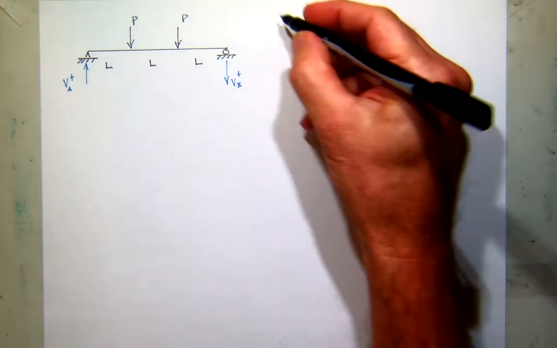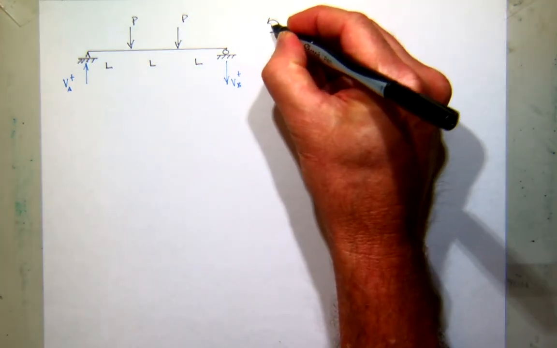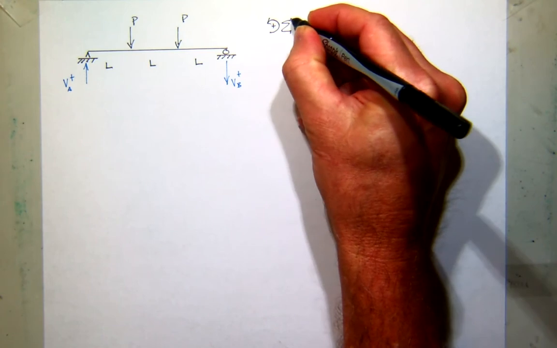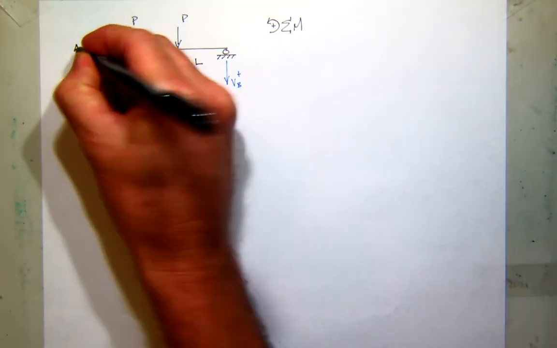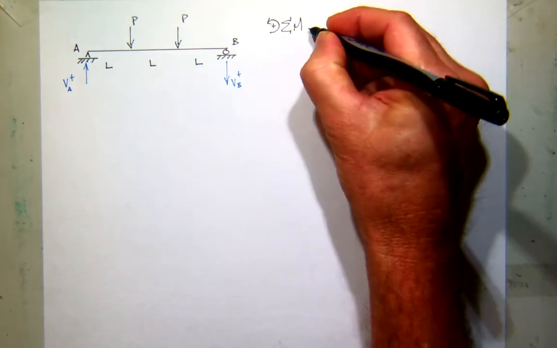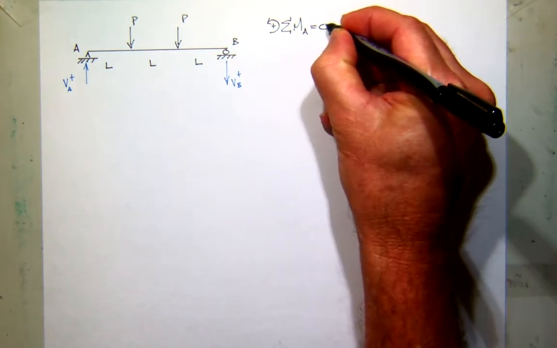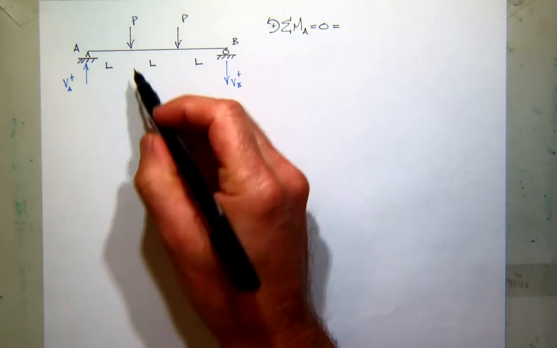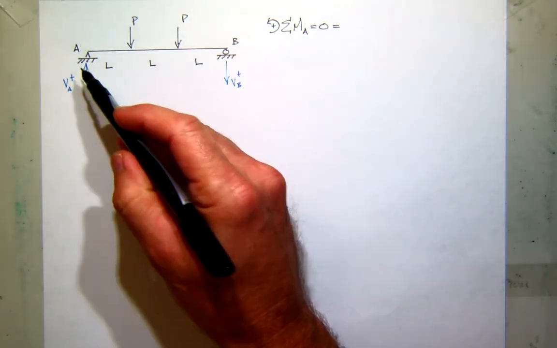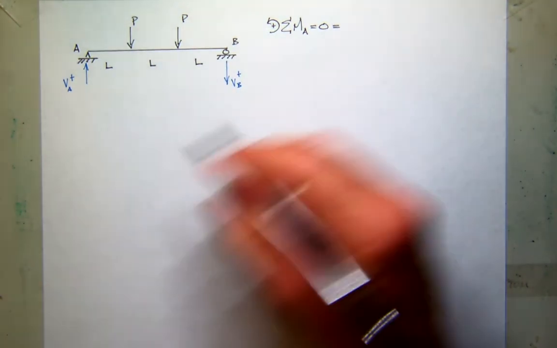Now I'm going to write my equations of equilibrium and find out what those values need to be. I'm going to start by summing moments at A, and I should have labeled those A and B, and make sure I'm in equilibrium. Looking at my applied loads, these two P loads, about A, what kind of moment do they create with the right-hand rule?